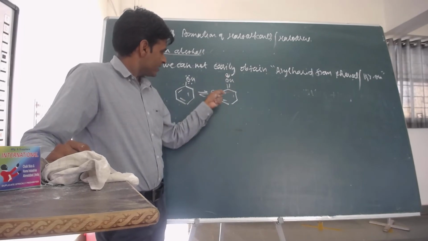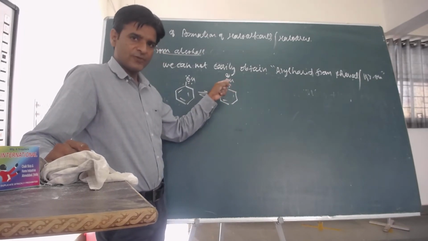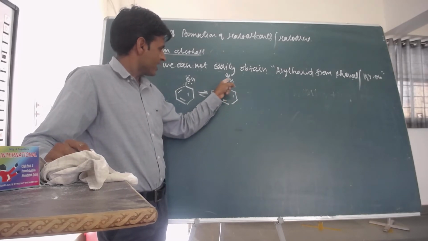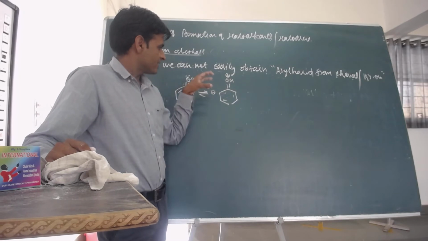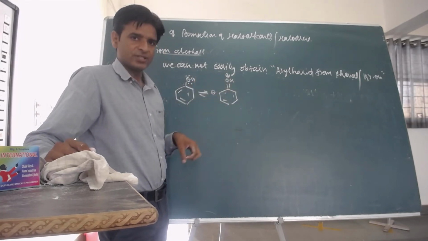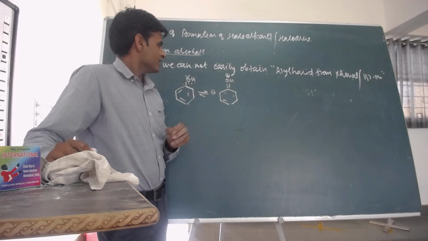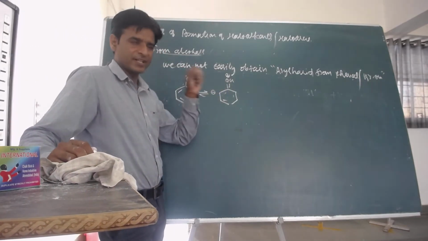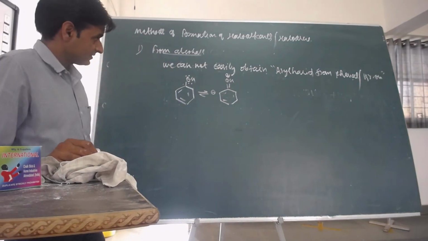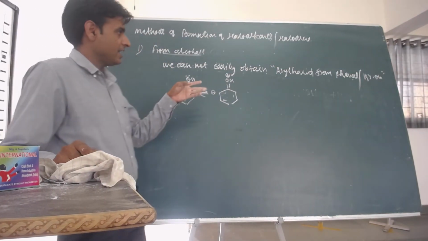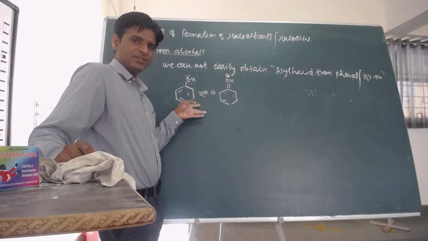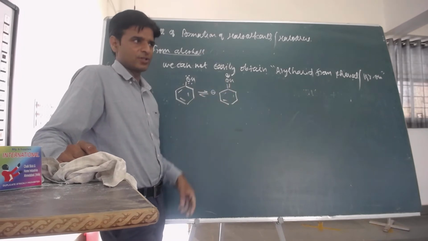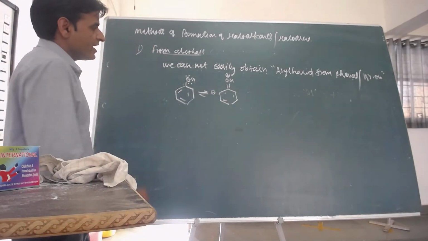Due to this, it is very difficult to break this bond. So the substitution reaction and the removal of the hydroxyl group from aromatic alcohol will be difficult. So we can say that we cannot easily obtain the aryl halide under normal conditions, because it is very difficult to break this type of bond.